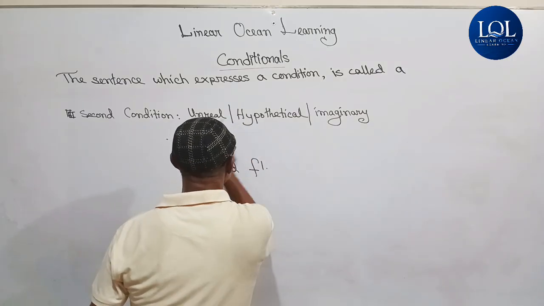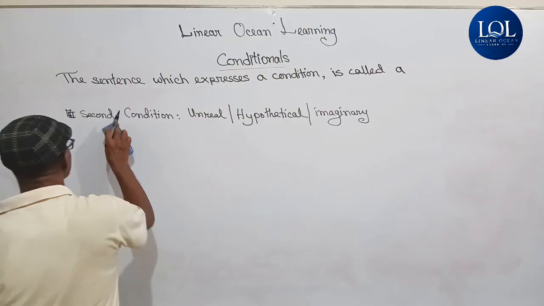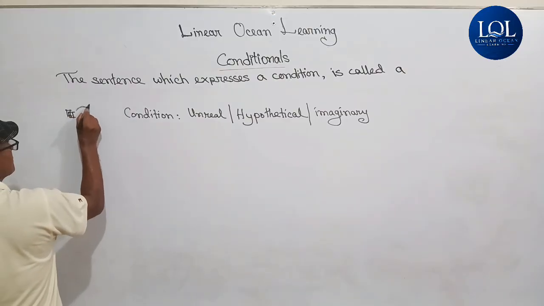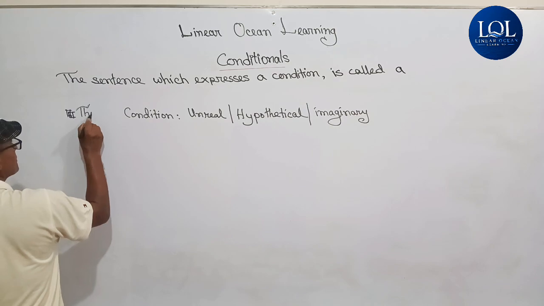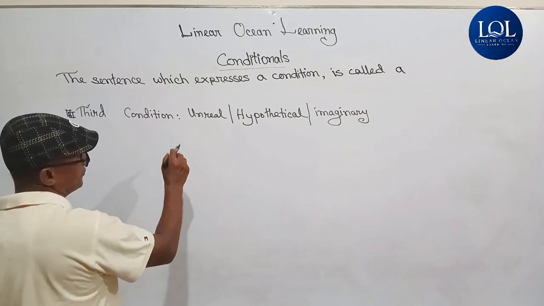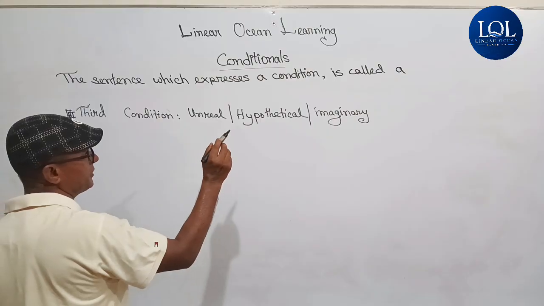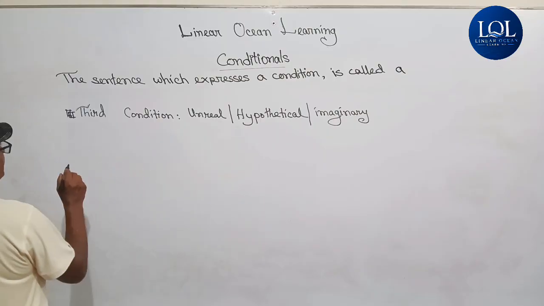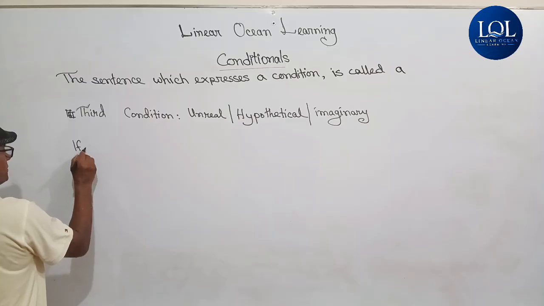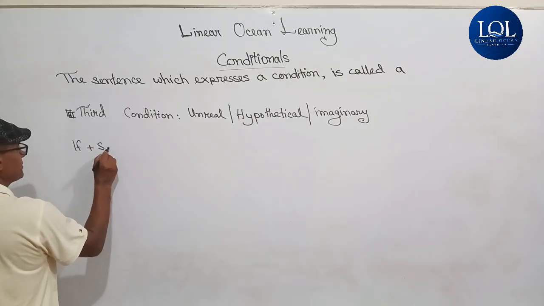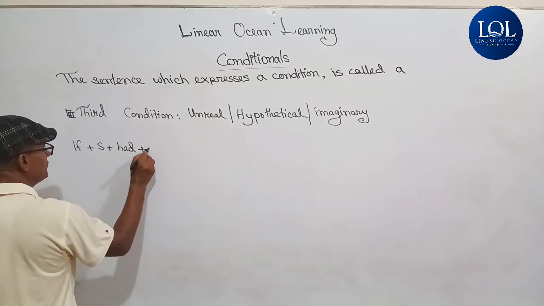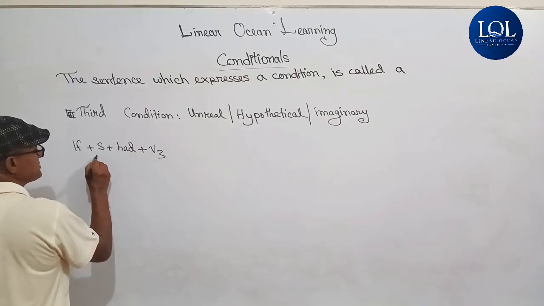Now let's come to the point of third condition. It is true, unreal, hypothetical, and imaginary. And the structure of third condition is if plus subject plus had plus V3. This is past perfect tense.